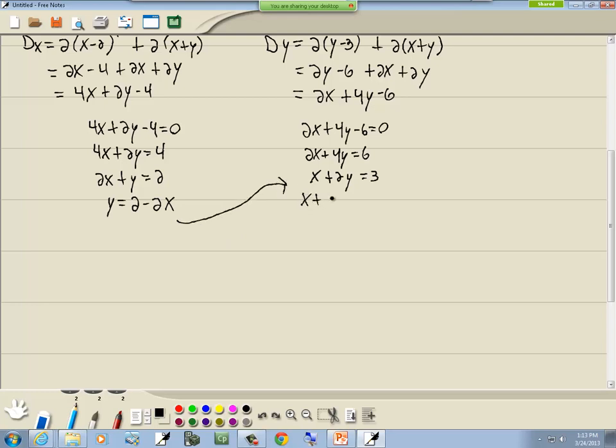So we've got x plus 2 times 2 minus 2x equals 3. 2 times 2 is 4. 2 times negative 2x is negative 4x, equals 3. x minus 4x is negative 3x plus 4 equals 3. Take the 4 over, and we get 3 minus 4, which gives us negative 3x is equal to negative 1, or x is equal to 1/3 when we divide both sides by the negative 3.